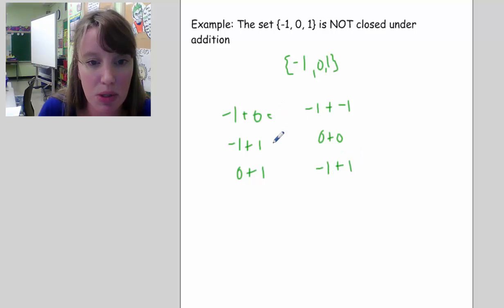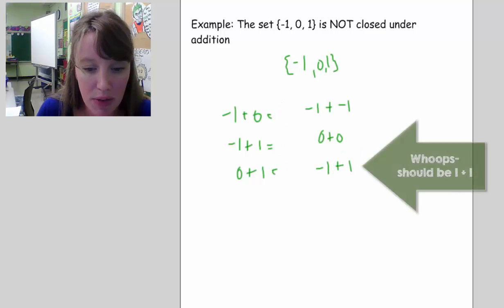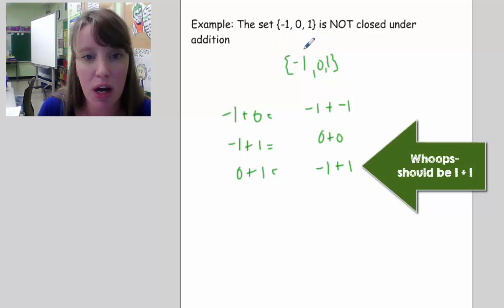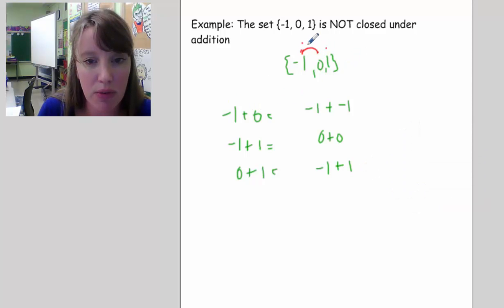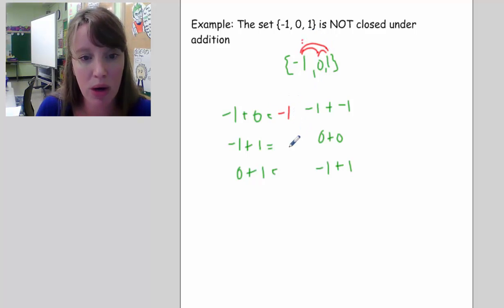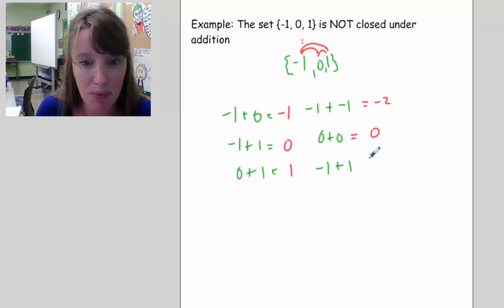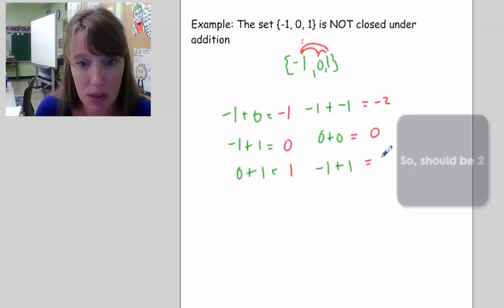Okay, let's think about the results here. This is all the combinations of one number with another number and one number with itself: -1 plus 0, -1 plus 1, 1 plus 0, and then the number with itself. This would be -1, 0, 1. This right here would be -2, 0, and 0.